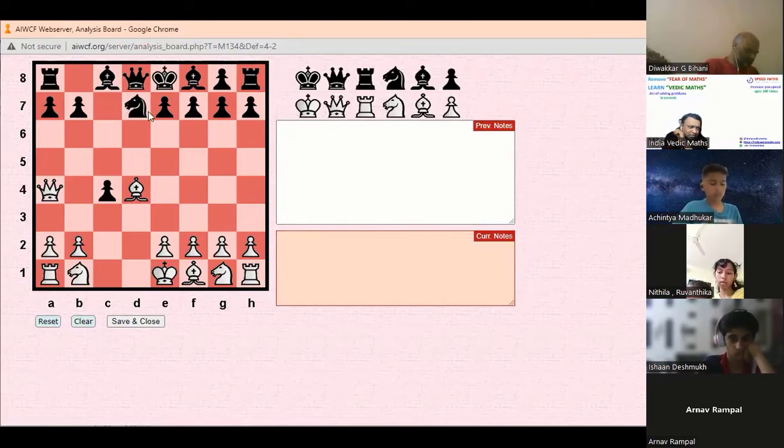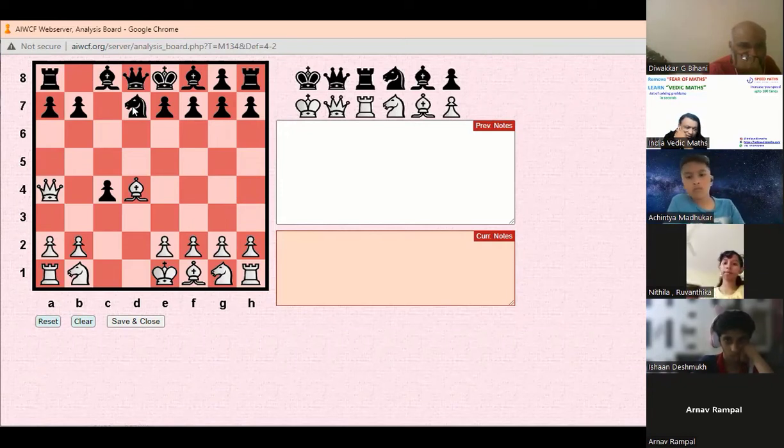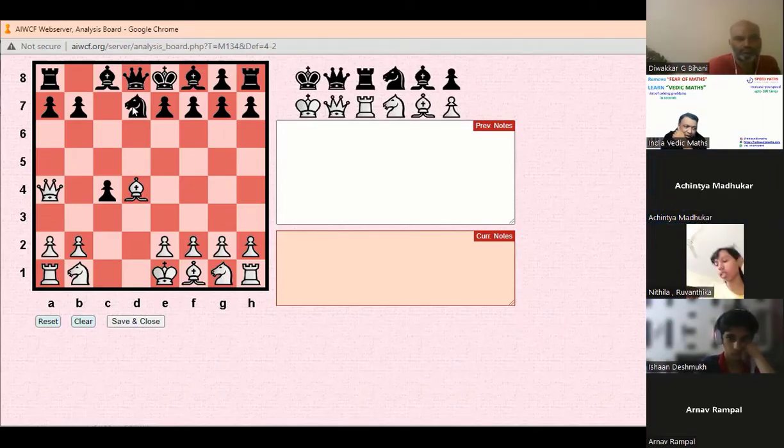I moved this. Knight to D7. Correct, Ruvantika. Correct now. Correct, Mishita. Not B. It is D. D for Delhi. Mishita, is it B or D? D. Got it? Now, I moved my knight also. See here.